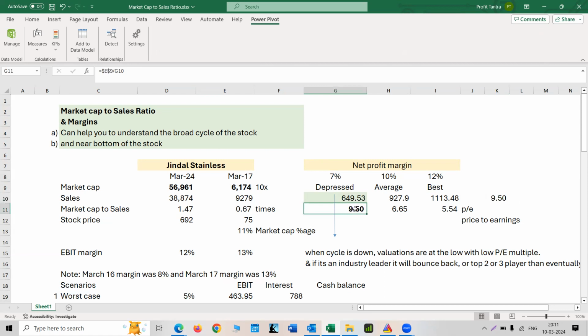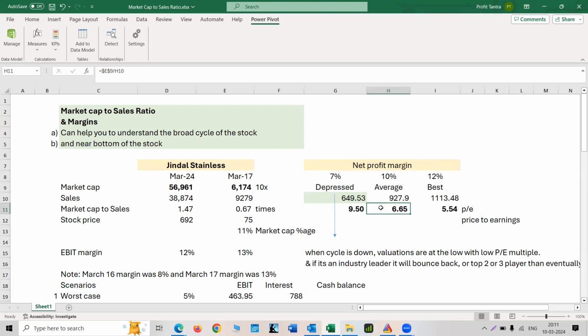So that means you are getting the stock at 9.5 times at EBIT level, correct? If the average is 10%, you are getting it at 6 times, and at 12% you are getting it at 5 times, correct? Yes or no? Okay. That means if you are able to start accumulating at the bottom, considering everything remains the same, and you assume margins will improve over the next 2-3 years, don't you think you are getting the stock at 6 times average valuation?